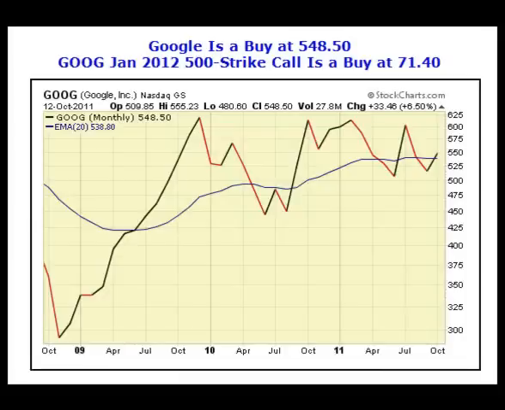So Google is also a buy at the current price, today's closing price of $548.50, and the Google January 2012 500 strike call is currently trading at $71.40, and that's also a buy. So these three stocks that we just explored have strong fundamentals as indicated by their equity growth, and they're in a price uptrend, and these three stocks are a buy right now.